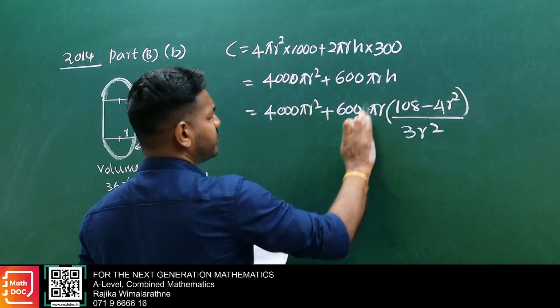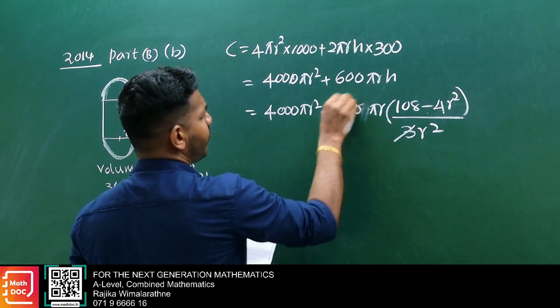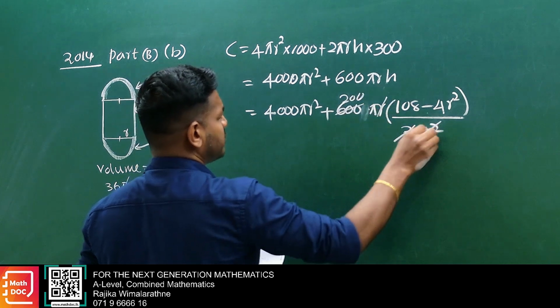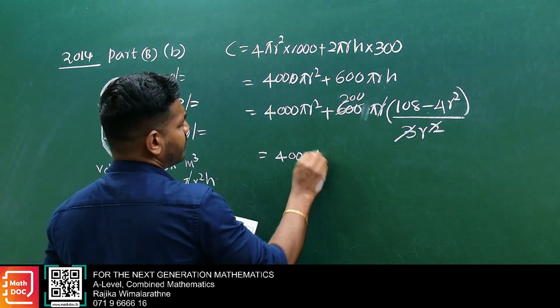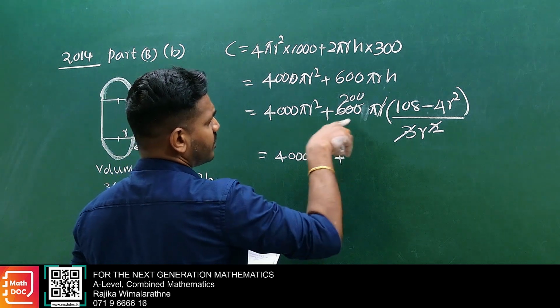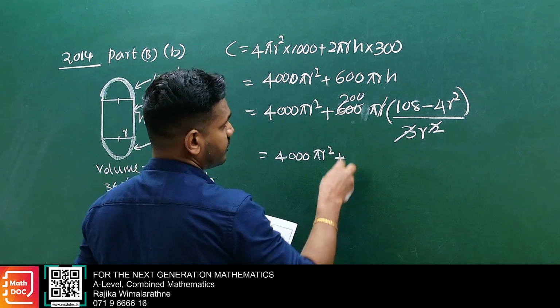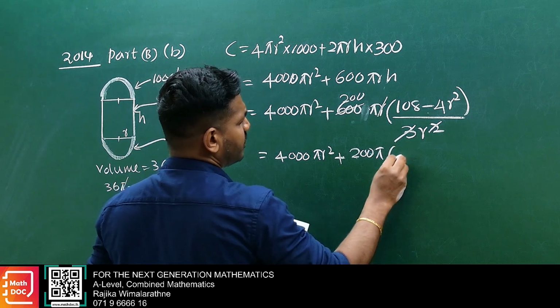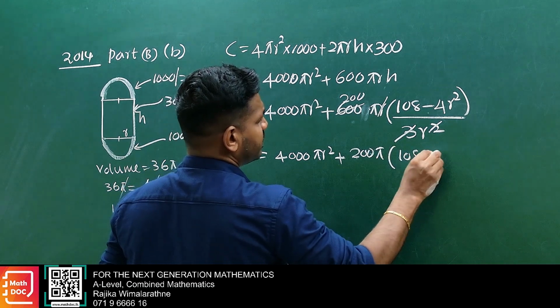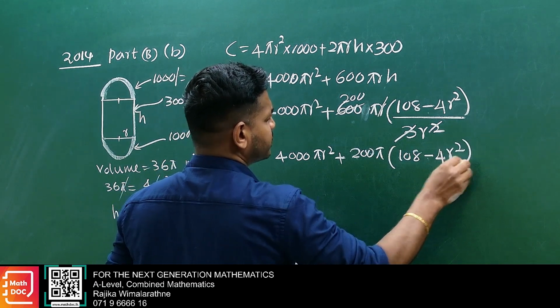Here 600 divided by 3 gives 200 pi times (108 minus 4r squared) divided by r.